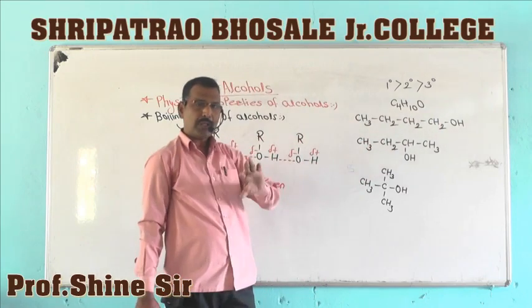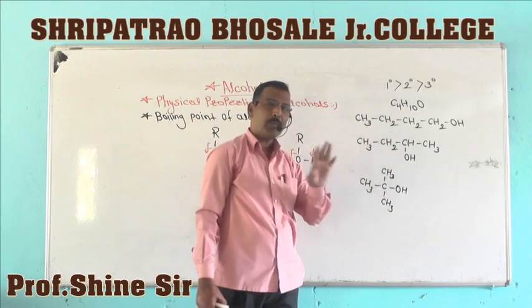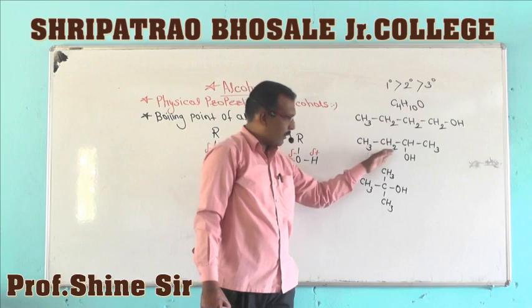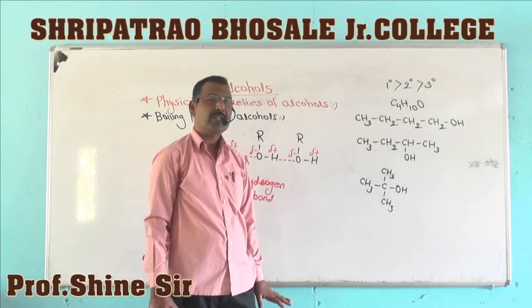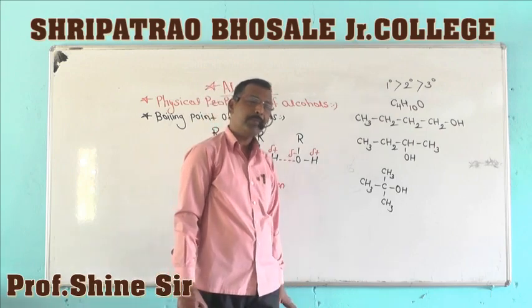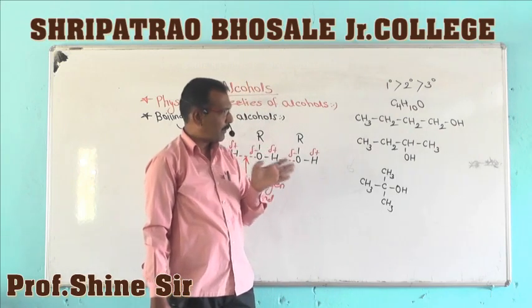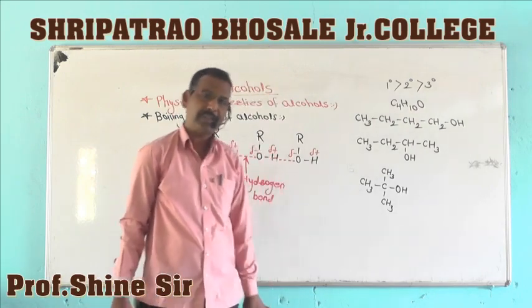Due to surface area, although in all these three isomers hydrogen bonds are present, along with hydrogen bonds there is a force of attraction between molecules. As you know, the force of attraction is directly proportional to surface area.